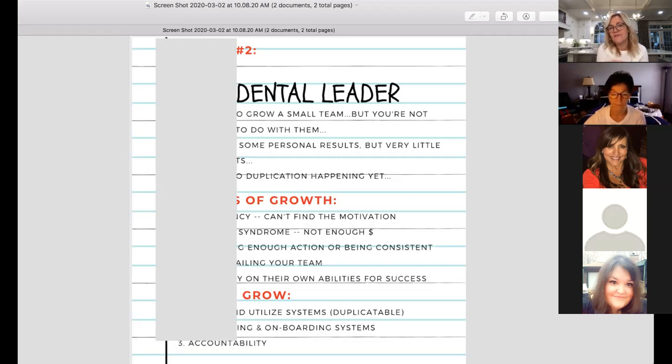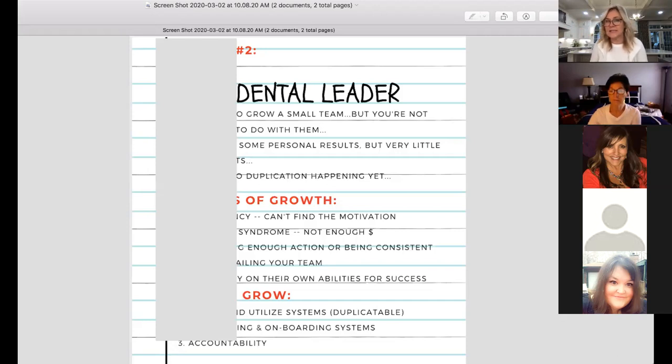At this phase 2, we're not duplicating. So we have to personally be using systems to the point that people can watch us and they will duplicate what we're doing. If we're not using systems consistently, our team's not going to follow suit.